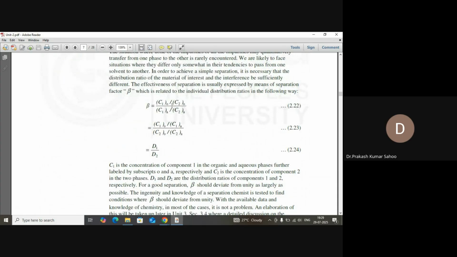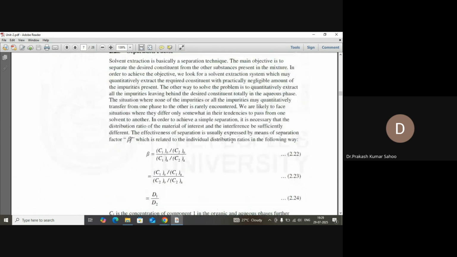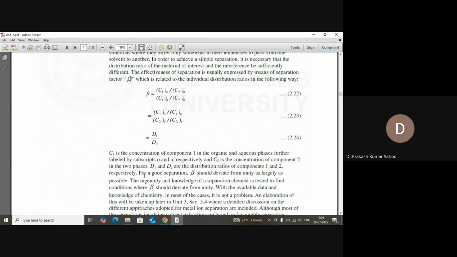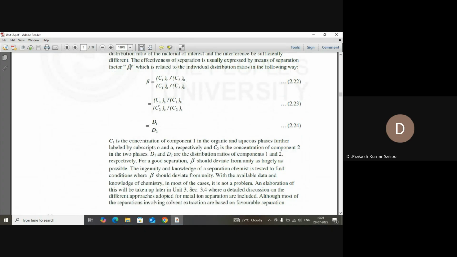So C1O by C2O divided by C1A by C2A, where C1 is component 1 in organic and aqueous, and C2 is component 2 in organic and aqueous. Then C1O by C1A is D1, the distribution ratio, and this is also D2. So D1 by D2 is your beta, for your two components, namely 1 and 2.